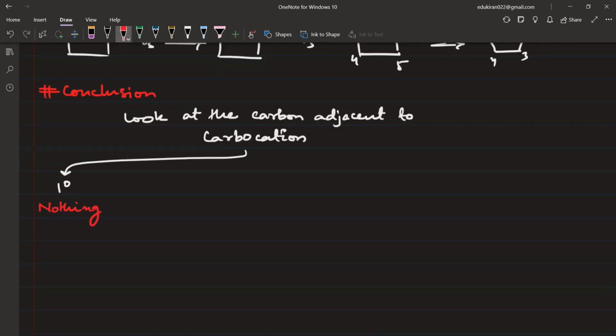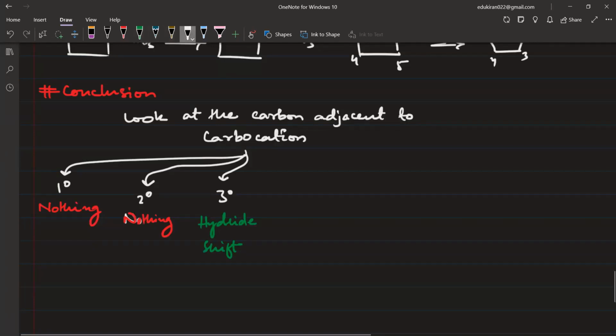Nothing will happen there. Simply make the product. If it is 2 degree then also nothing, nothing will happen. But when it is 3 degree, then you are going to do hydride shift. When that is 4 degree, then we are going to do alkyl shift.